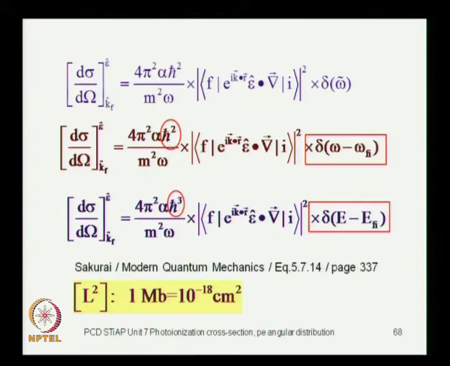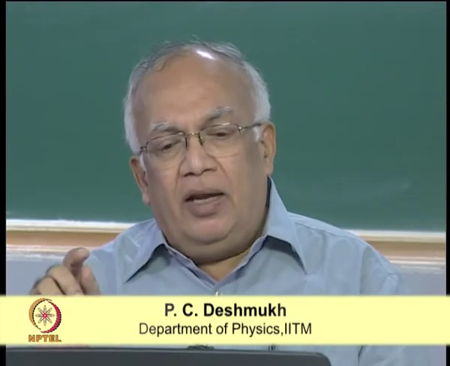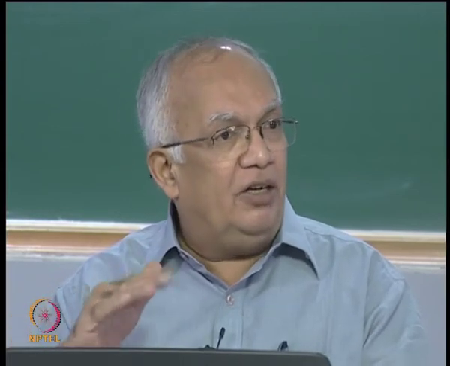And this is really important because in different books, whether you look at Sakurai's book or Schiff's book or Landau Lifshitz and so on, sometimes you find the differential cross section written with a term in h cross square, and sometimes with a term in h cross cube, and obviously you have to keep track of the exact power. And in some literature the Dirac delta is not explicitly written, because it is understood that the transition will take place at a precise resonant energy corresponding to the energy difference.